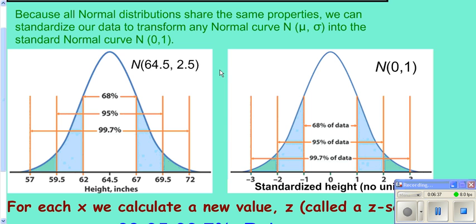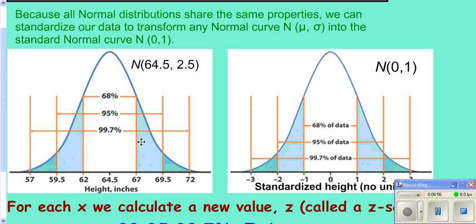So you can always look at your data in terms of standard deviations, how far you're above and below your mean. Here we have a normal distribution with 64.5 for your mean and 2.5 for your standard deviation. This happens to be the heights of women.